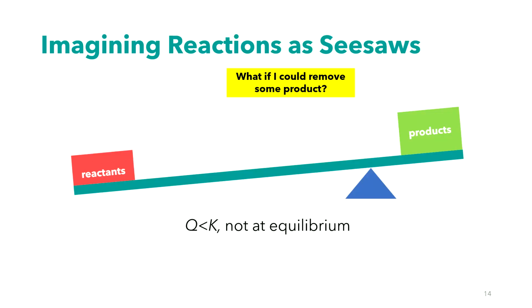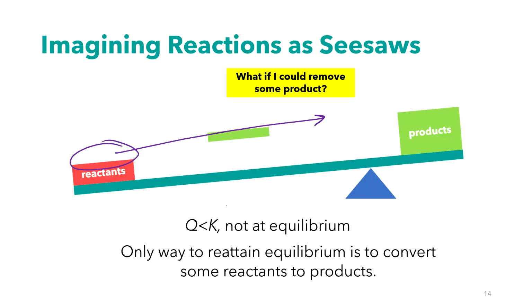If I can pull products out, that means I'm going to have to take some of my reactants and make more products, okay, without putting in any additional inputs, okay? So this is like, if you're doing good chemistry, this is the way to go. Because I'm going to pull those products out and store them and keep them nice and safe. And then that forces the reaction to keep going forward.